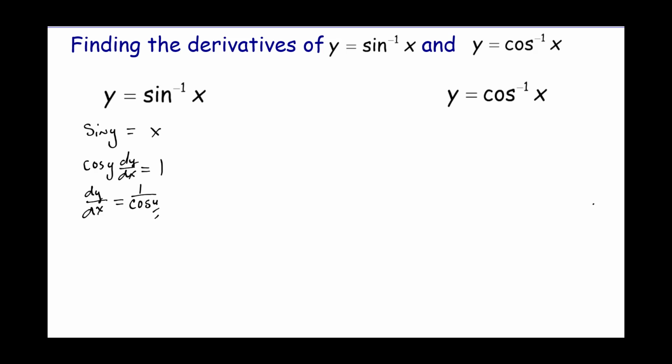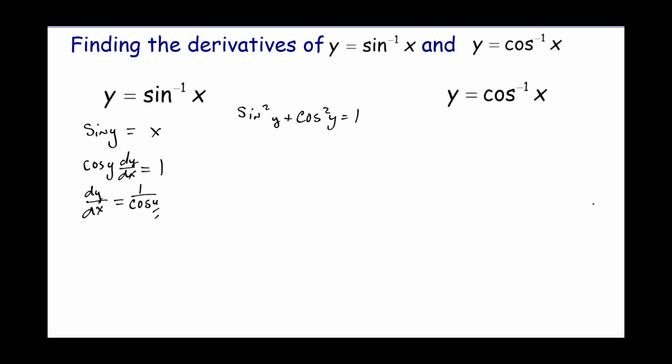Now, you would think you would be done, but you're not, because we can't leave cosine y in our answer. We need to have our answer in terms of x, because x was in the original problem, so it needs to be in our answer. But we do have a couple of things we can do here. We do know that sine squared y plus cosine squared y is equal to 1.